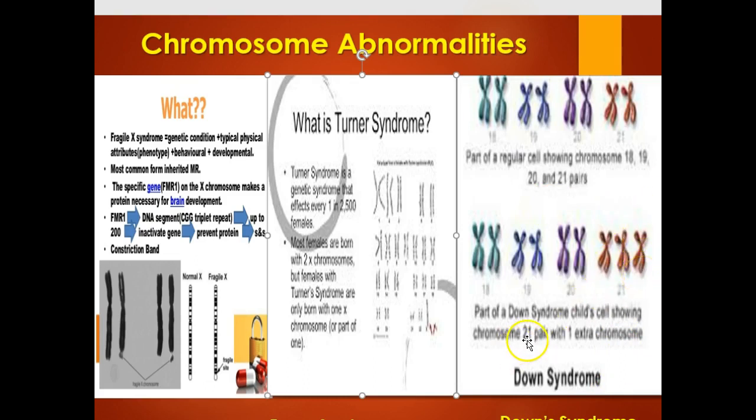So this is part of a Down syndrome child's cell showing the chromosome 21 pair with one extra chromosome. And of course, a child who has Down syndrome has various different facial features, wider eyes, the facial features are different. And of course, they develop various developmental delays as well.